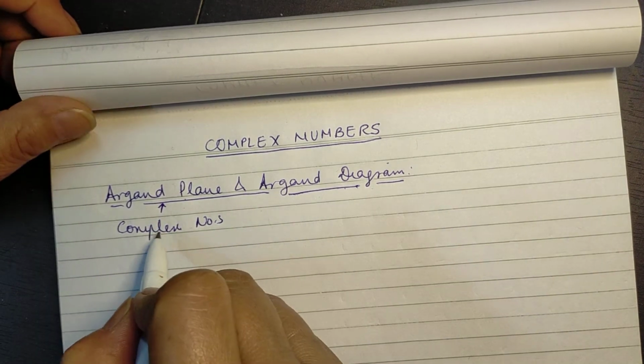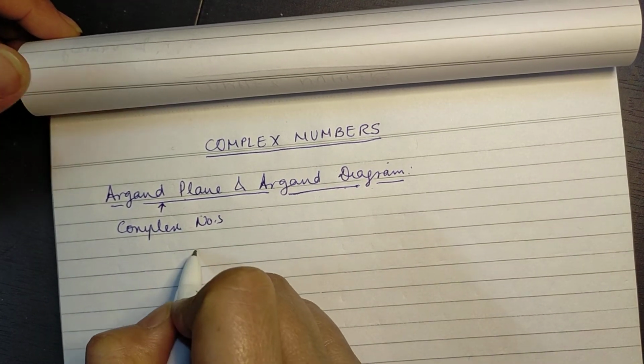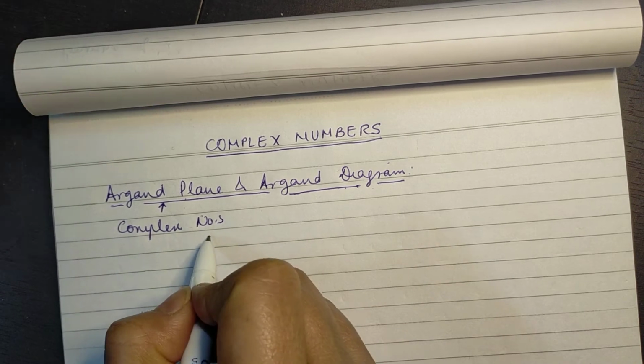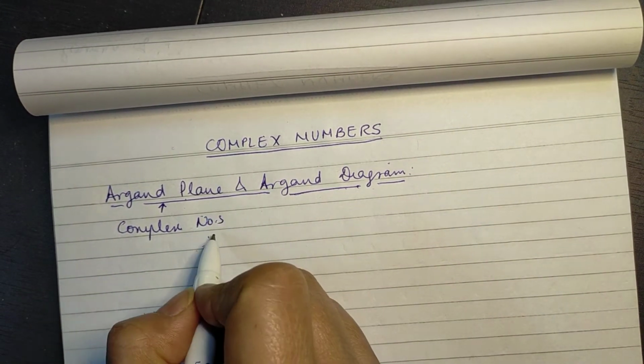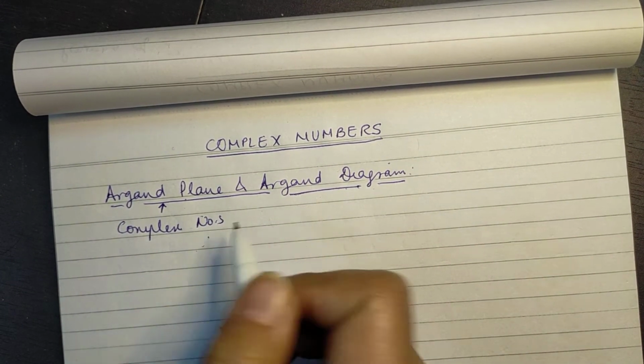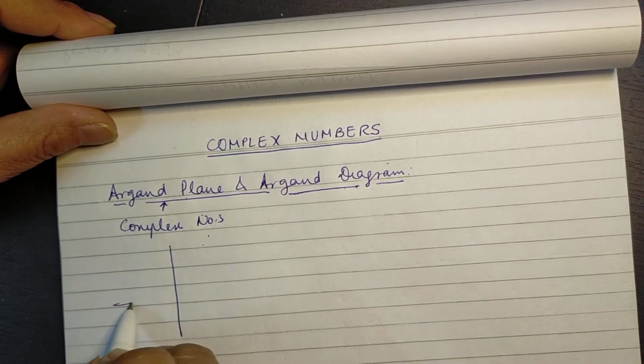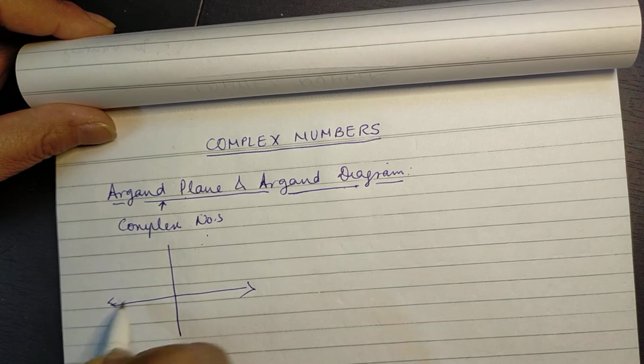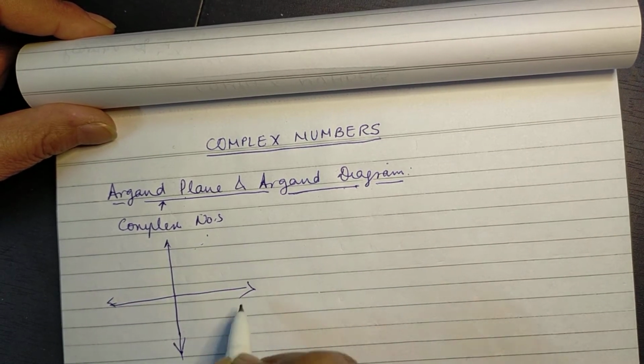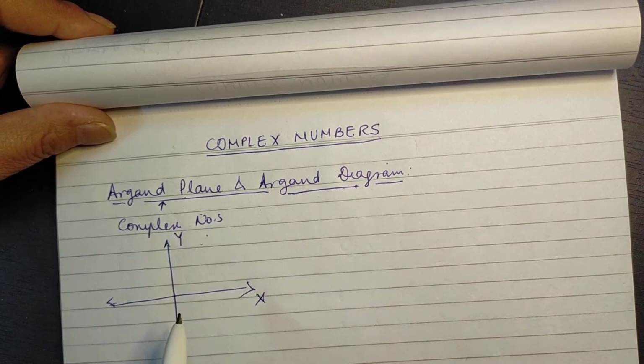Just as for real numbers we have the xy plane where the horizontal axis is the x-axis and the vertical axis is the y-axis, in the same way in the Argand plane also we have two mutually perpendicular directions, the x direction and the y direction.